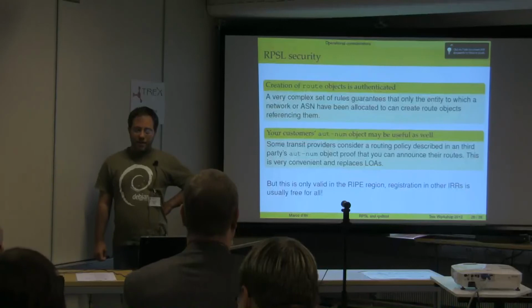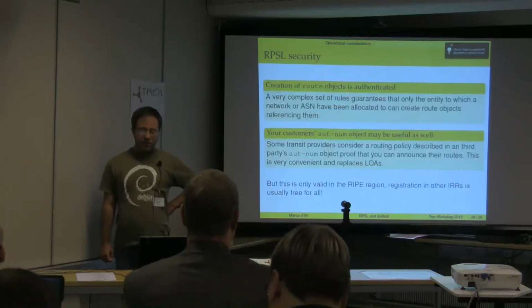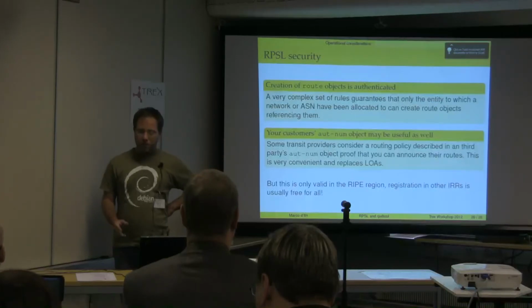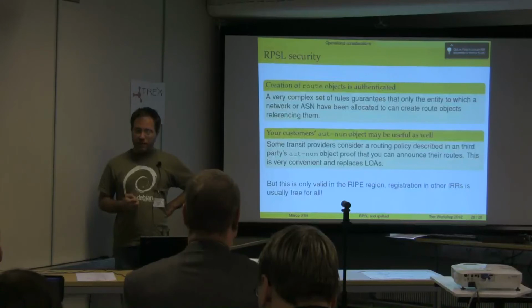RPSL in the RIPE implementation supports some very complex rules. There are a couple of flowcharts of 15 passages and so on, which specify who is allowed to create or delete a route object.